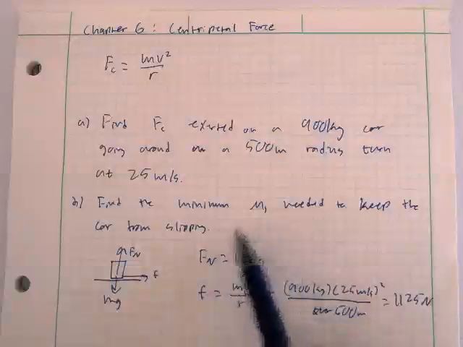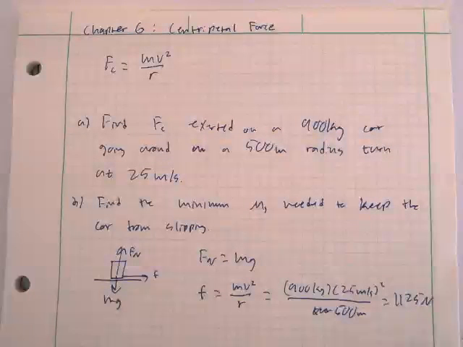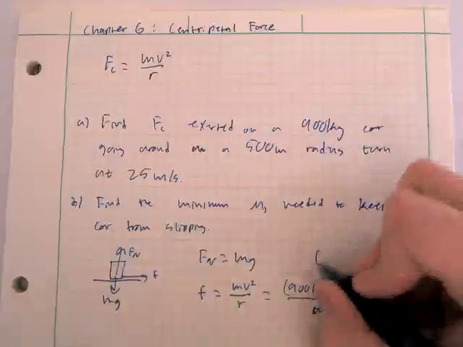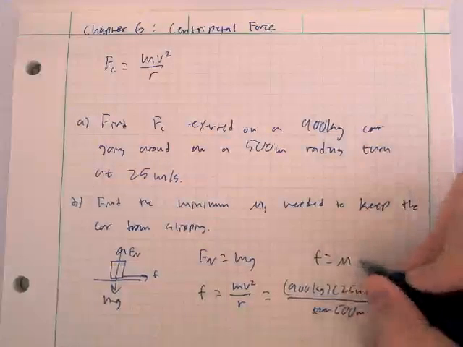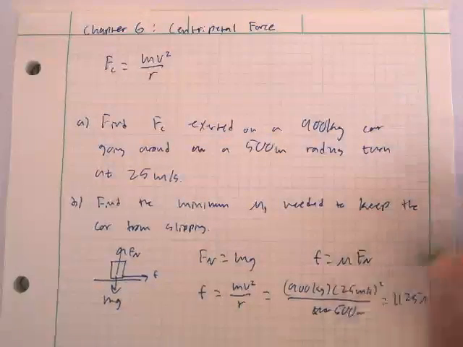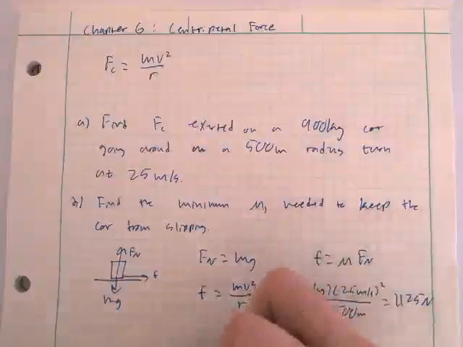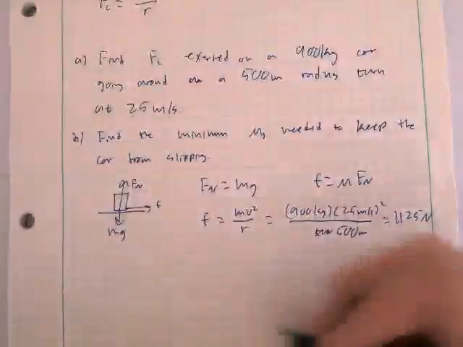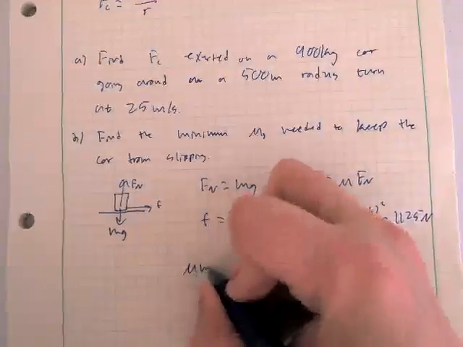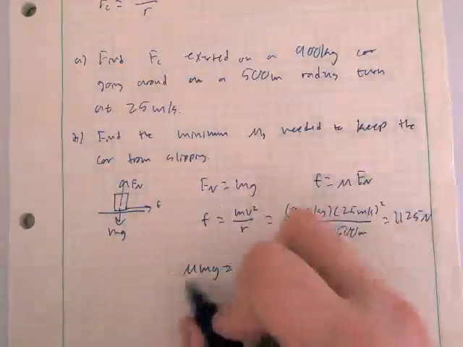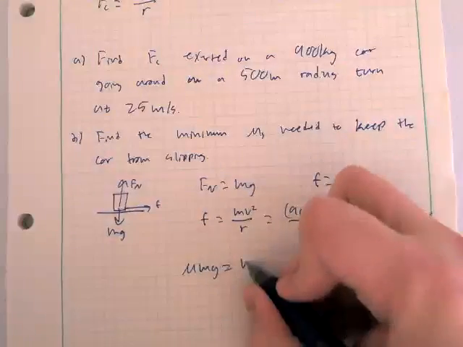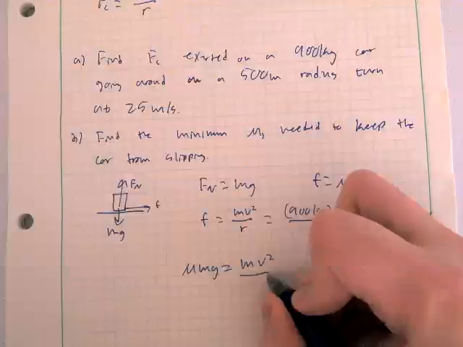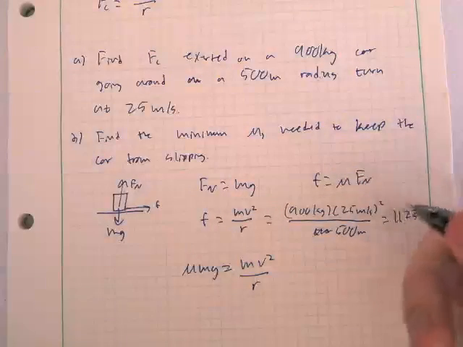So now we can figure out what is the minimum coefficient of static friction needed to keep the car from slipping. Well, what is F? You know that F has to be equal to mu times the normal force. So we can say we have mu mg, right? Mu times the normal force must be equal to mv squared over r.